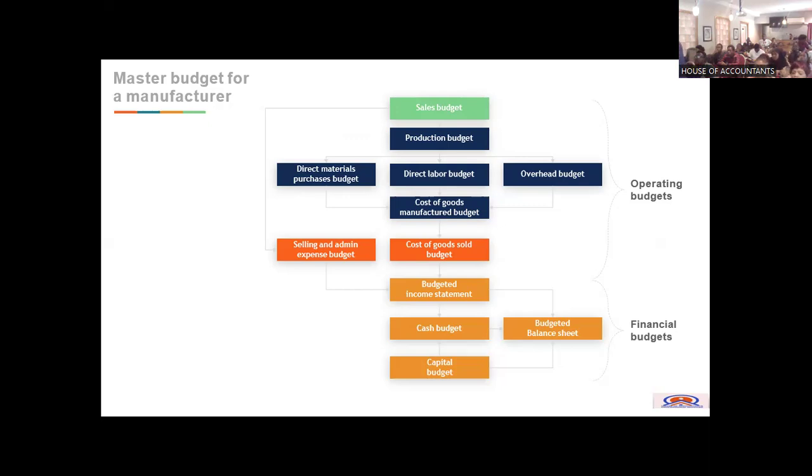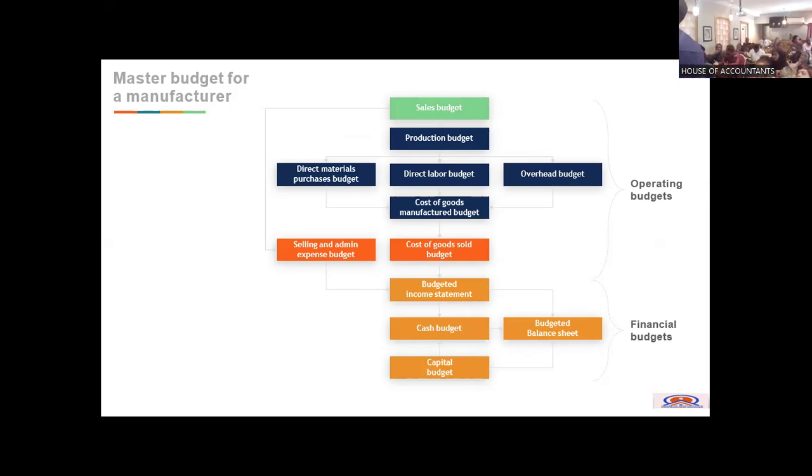But if you know how to prepare this, you'll be able to handle others; you just streamline this. Then someone asked me whether we are doing budget based on public sector or private sector. From the people I'm seeing here, most of them work in the private sector, so we are going to use the private sector, but the knowledge you gain here, you can apply anywhere.